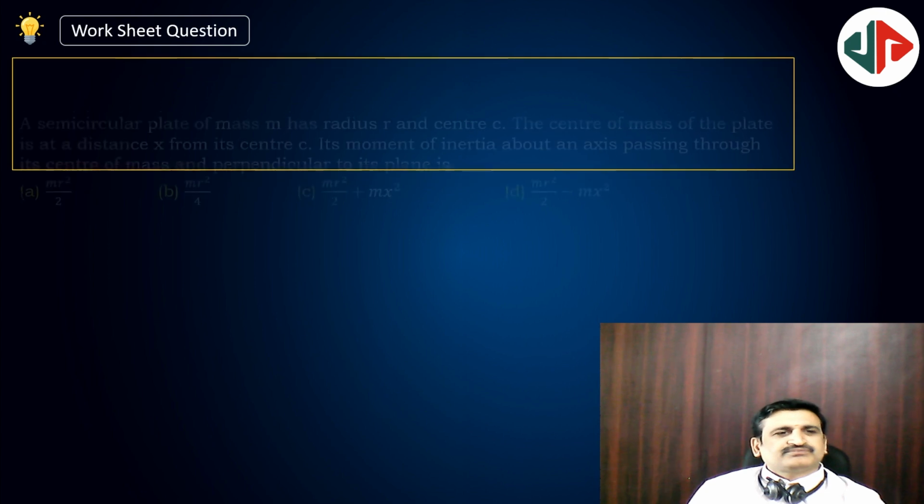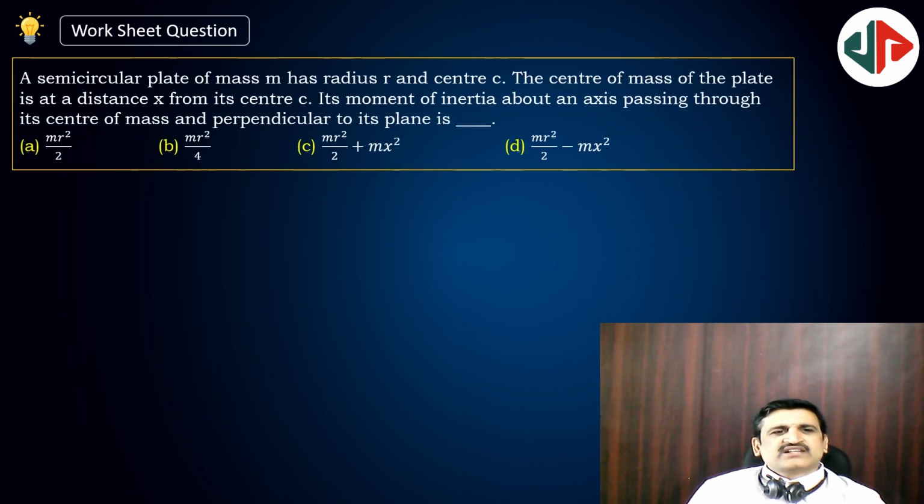Next. A semicircular plate of mass m has radius r and center c. The center of mass of the plate is at a distance x from its center c. Its moment of inertia about the axis passing through the center of mass and perpendicular to the plane is? He is asking for the moment of inertia about that axis.